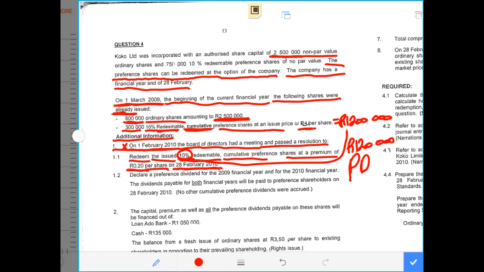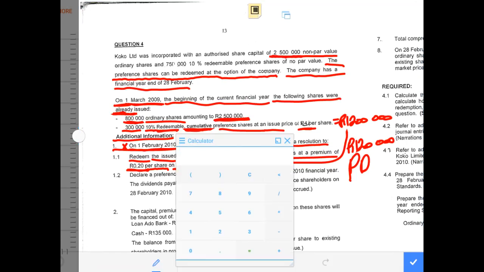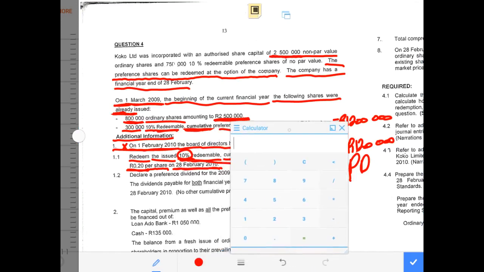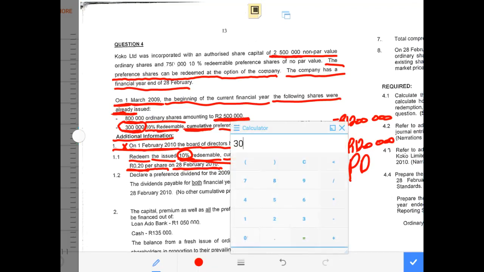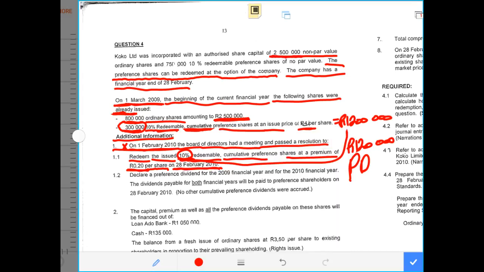It means your premium must be calculated on the number of shares that are being redeemed. Meaning in this case, we have 300,000 preference shares that the company had issued, and all of them are being redeemed. Therefore, now in that 300,000, we'll say 300,000 times 20 cents, which is 0.2, and that will give us 60,000 as the premium at the redemption.